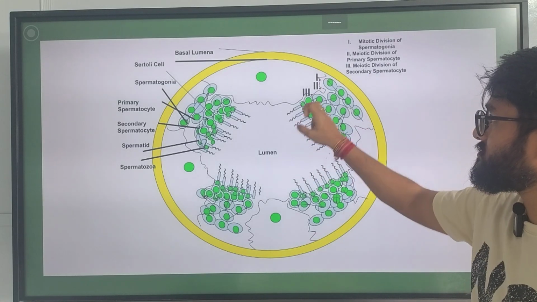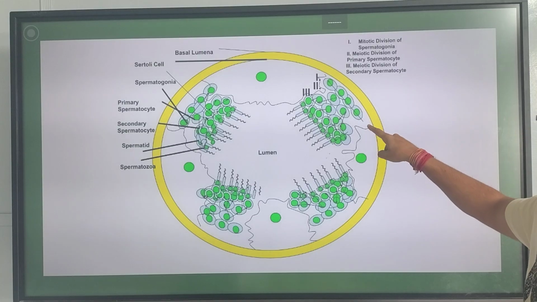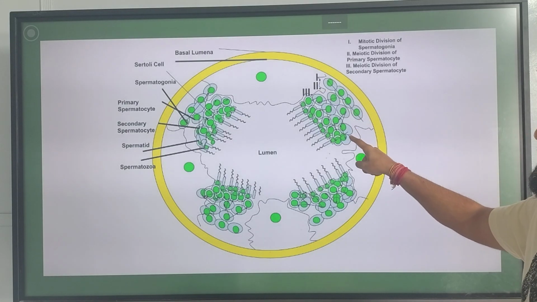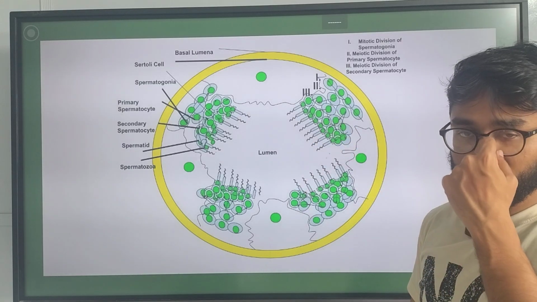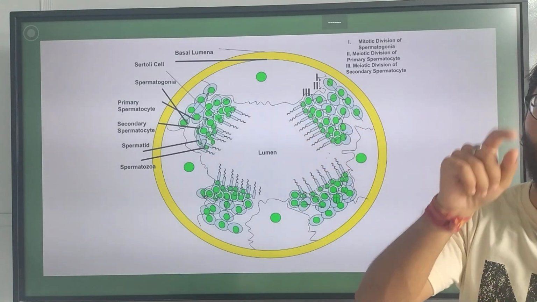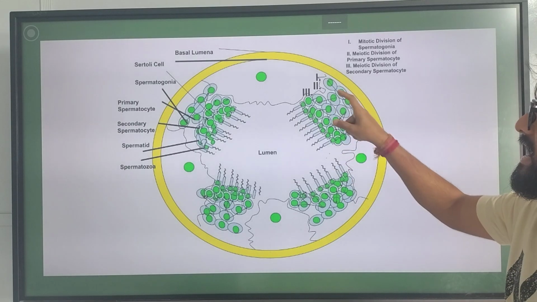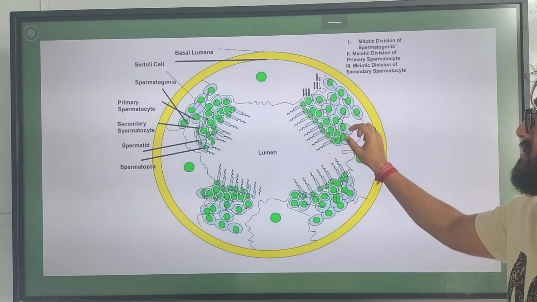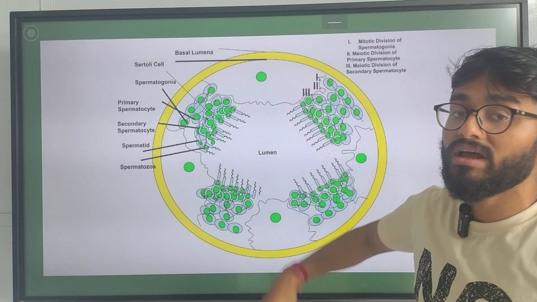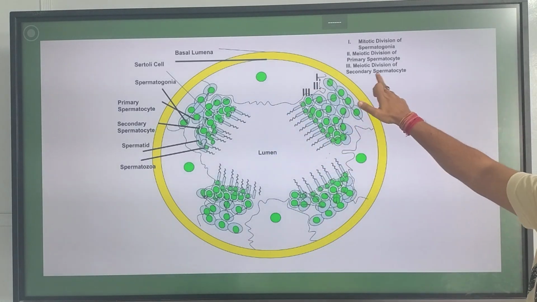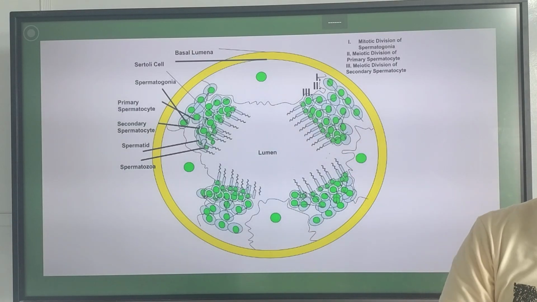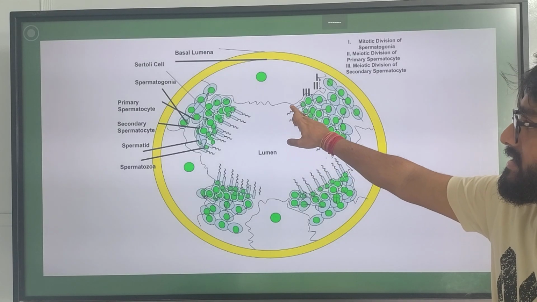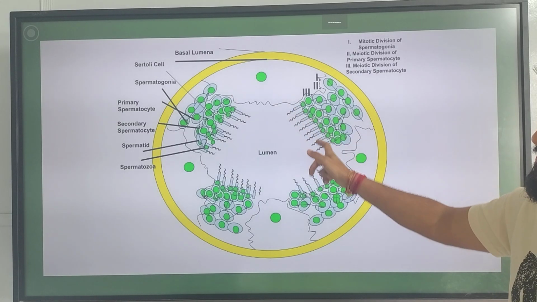Starting from this phase, first, these are called spermatogonium, which divide into the first meiotic division, causing it to be haploid, and a primary spermatocyte is formed, which develops into a secondary spermatocyte through another round of meiotic division, forming our spermatids. These are the forming of the spermatids.